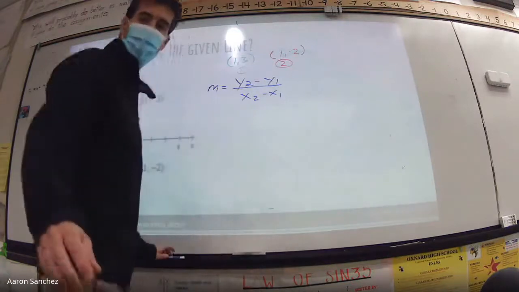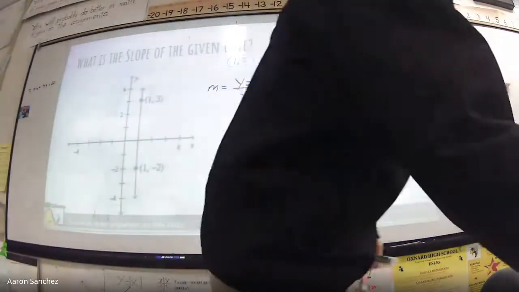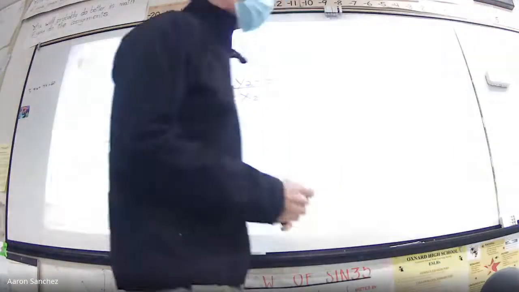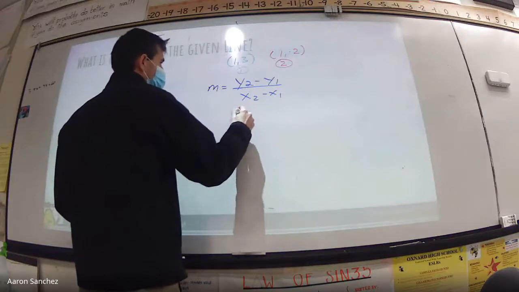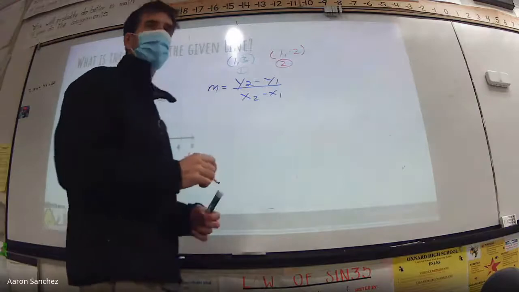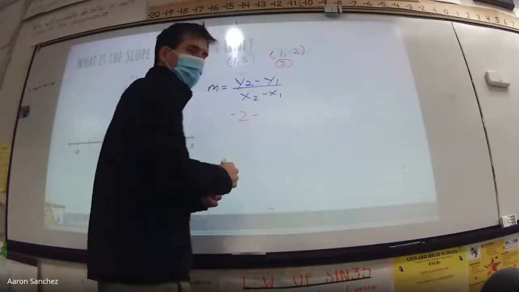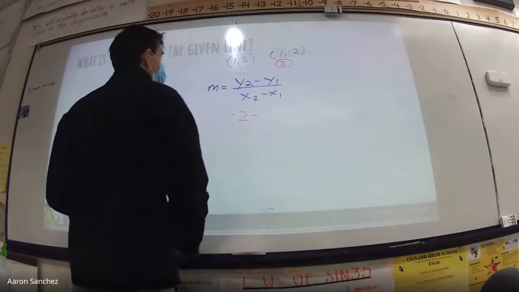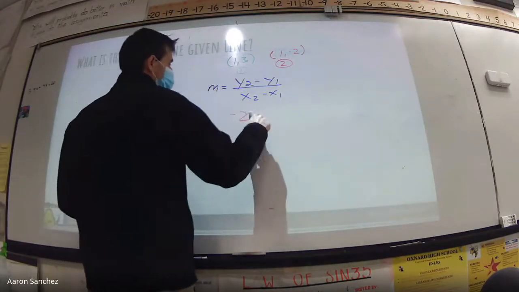What am I doing? Okay. So, what's my y2? Edgar Mejia, what's my y2? Y2, what do I put? I think it's -2. Oh, there he is. I thought you were asleep, Edgar. Very good. -2. What's my y1, Edgar? 3.